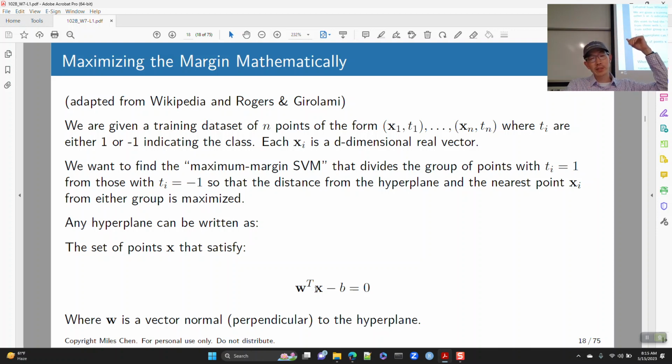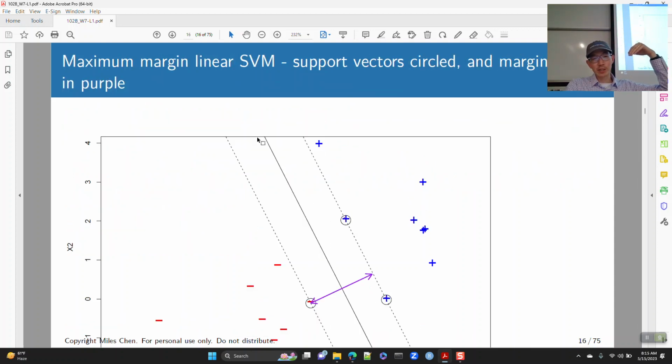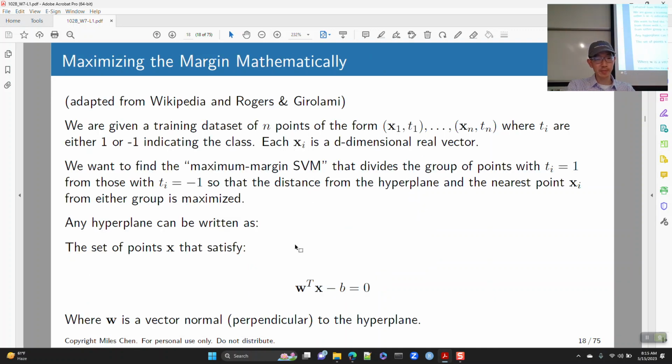If you think of all of the x values that satisfy this, those are the x values that lie along this line here, or in higher dimensional space along the plane or hyperplane. So a hyperplane can be thought of as all of the x values that satisfy this equation, and our task is to figure out what is this w that's going to define the hyperplane.